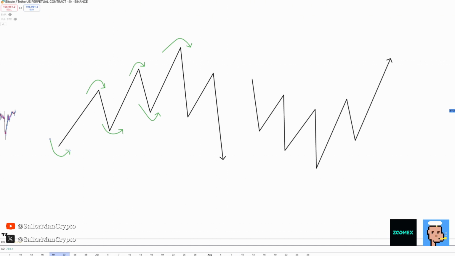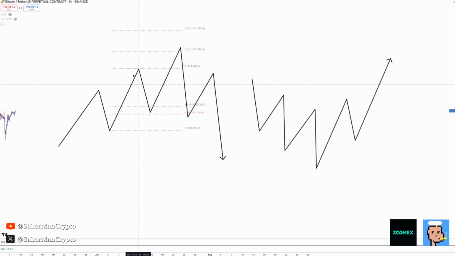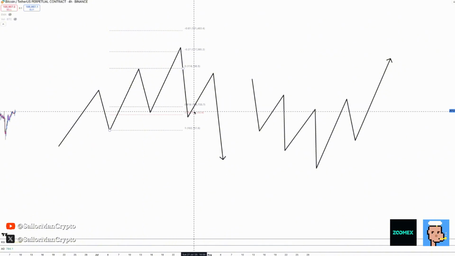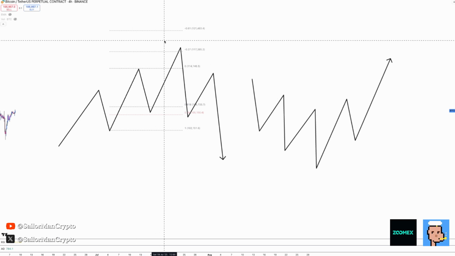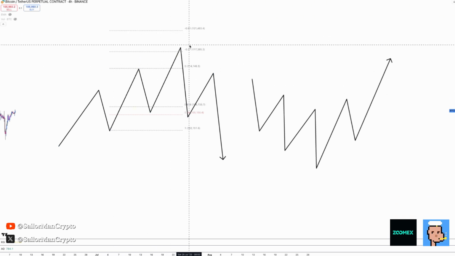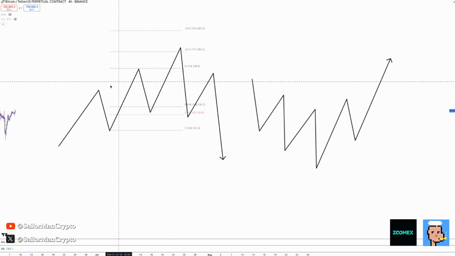The next component is the Fibonacci. Again, even here, do not be too fixated, but what you want to see is that in each drive there should be a pullback more or less below 0.5, or at around 0.60, 0.75, and the following drive, the bullish drive, the move above, should be 1.27 to 1.60 above the previous one.